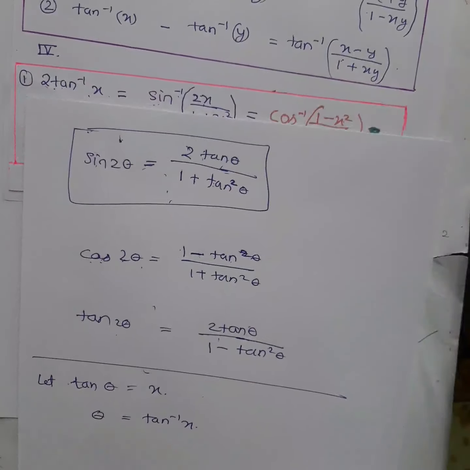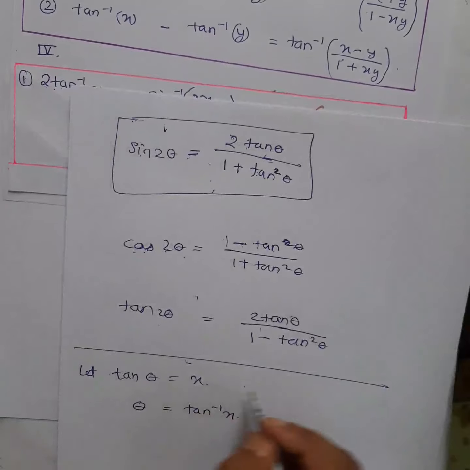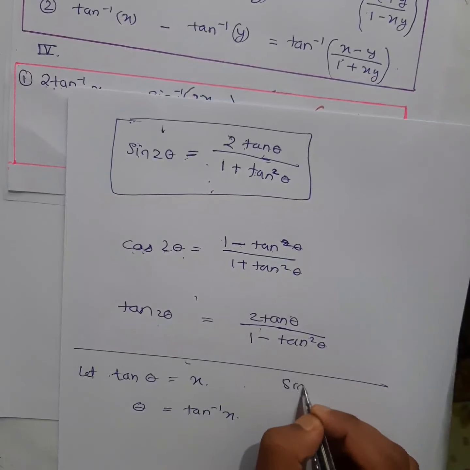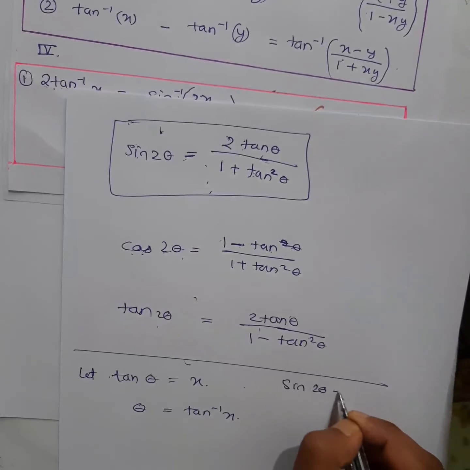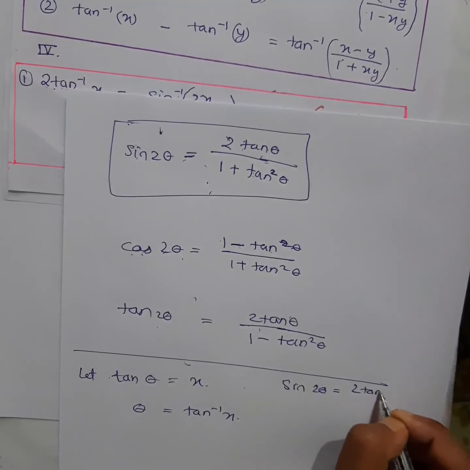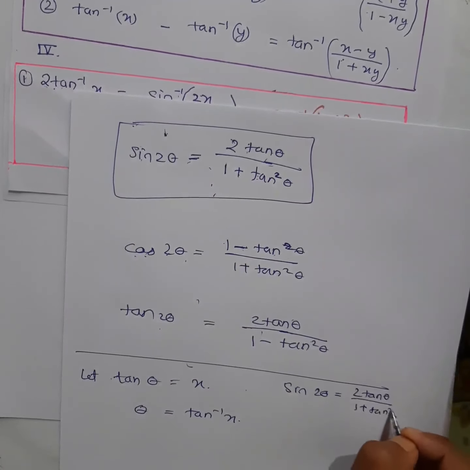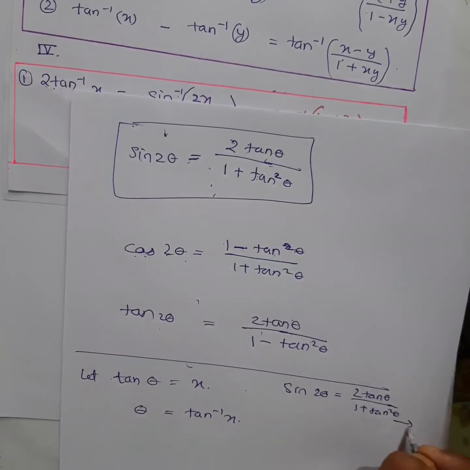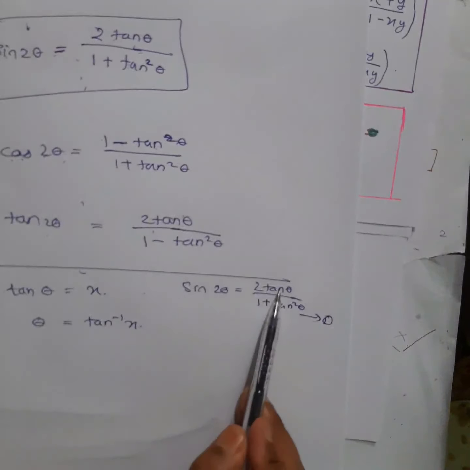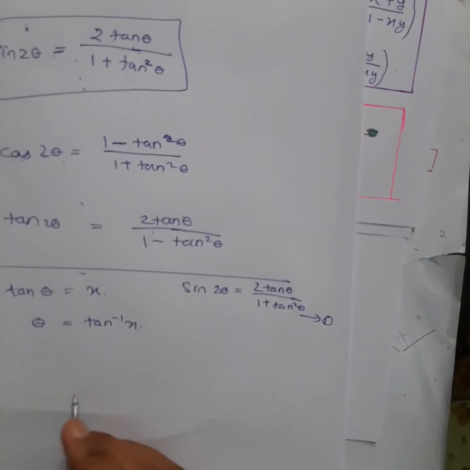Now see how we will derive. Your normal trigonometry formula was sine twice theta is equal to 2 tan theta by 1 plus tan square theta. So this is your equation 1. In normal trigonometry I will put this in. Okay, so what will happen?